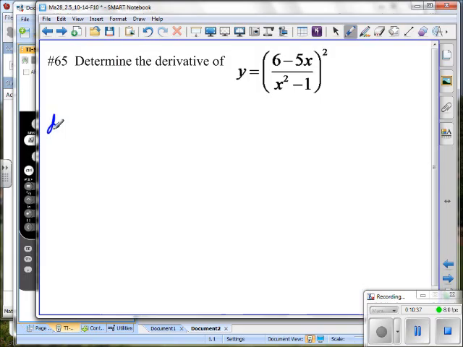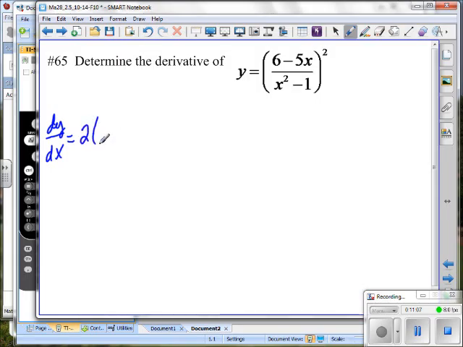The derivative of y with respect to x equals, and again, imagine me putting smiley faces or stars or something over here. What would you do with something squared? Either 2 smiley faces to the first power.